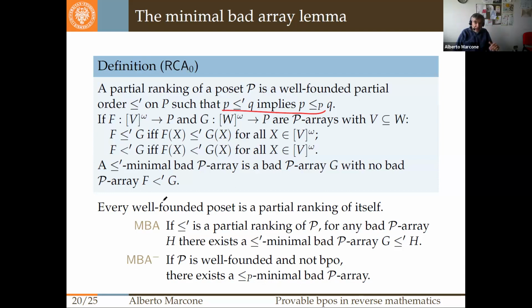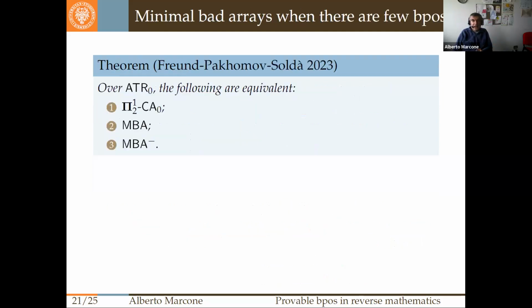In another work, Freund, Pakhomov, and Soldà studied these different forms of the minimal bad array lemma, and were able to prove that the minimal bad array lemma is actually equivalent to Pi^1_2 comprehension. Pi^1_2 comprehension is a very, very strong system of second order arithmetic, and there are very few examples of statements which are equivalent to it.